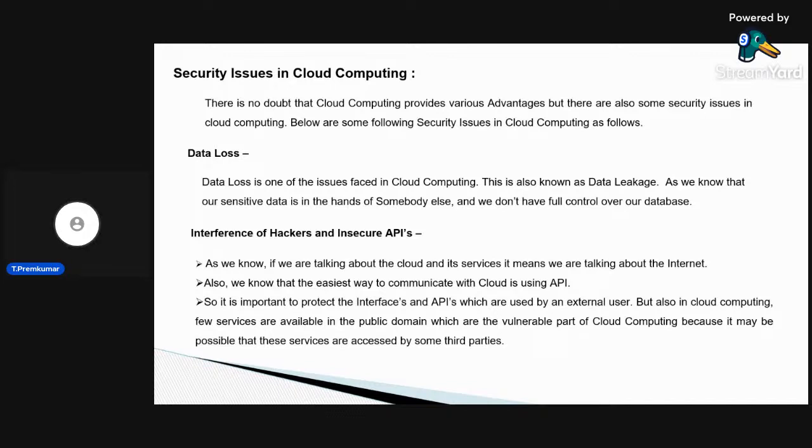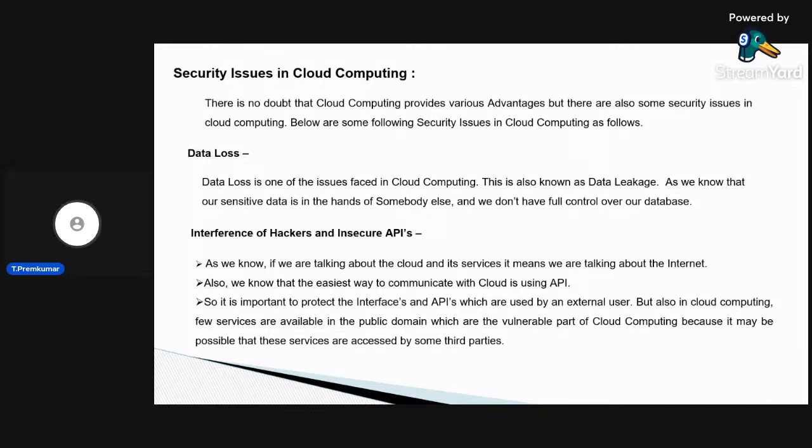Interference of hackers and insecure APIs. As we know, if we are talking about the cloud, it is about services, which means we are talking about the internet. Also, we know the easiest way to communicate with the cloud is using APIs.